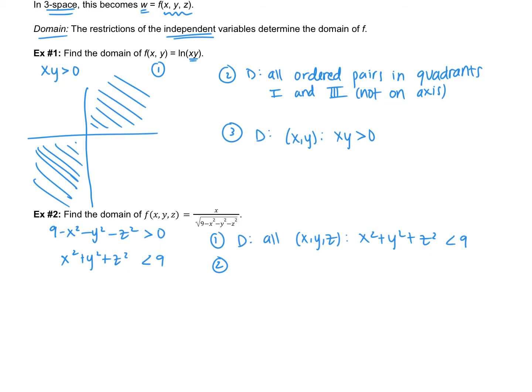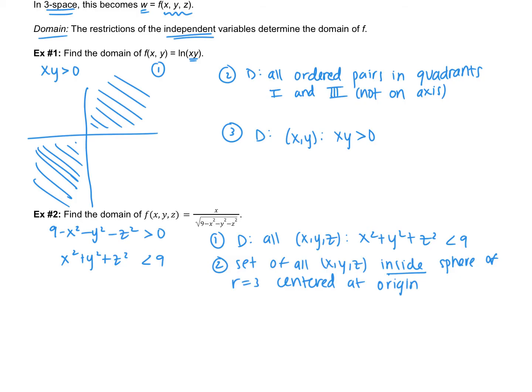Or secondly, if we want to put this in words, if we were to graph this, this is the set of all x, y, and z inside the sphere of radius 3 that is centered at the origin. And again, we're not including the points on the actual sphere itself, only the ones inside the sphere.